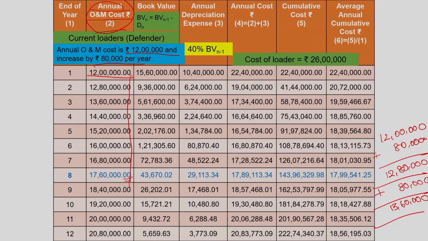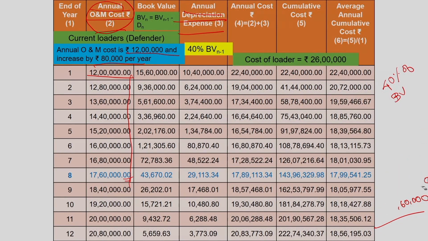Okay, now let us calculate the depreciation associated with the machine. So in this problem we are going to estimate based upon the guideline, 40% of book value. So now let us estimate the depreciation for the first year. So depreciation for the first year is nothing but 0.4 into the book value.